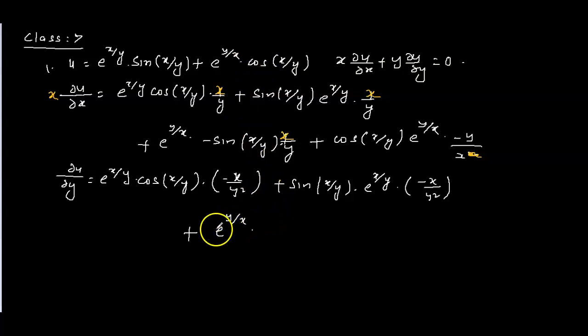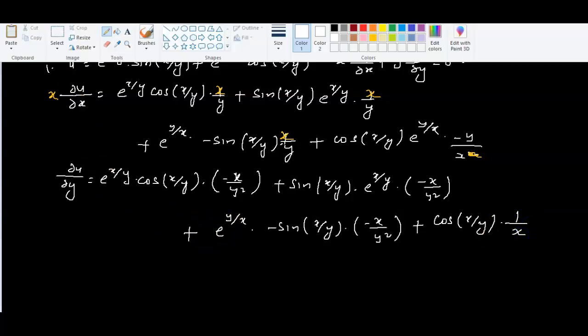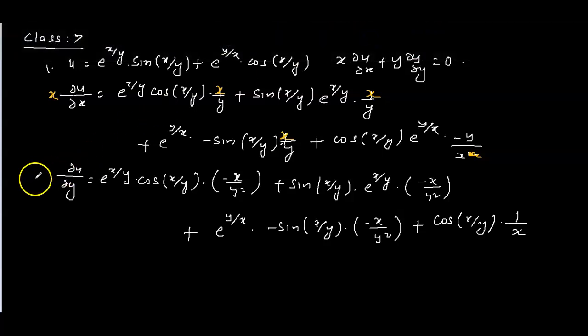So cos differentiation is minus sine of x by y with respect to y, so minus x by y square, plus cos of x by y, and this y by x differentiation with respect to y is 1 by x. Now in this one you have to multiply with y. So this y will get cancelled, this one also will get cancelled, and this one y will come.